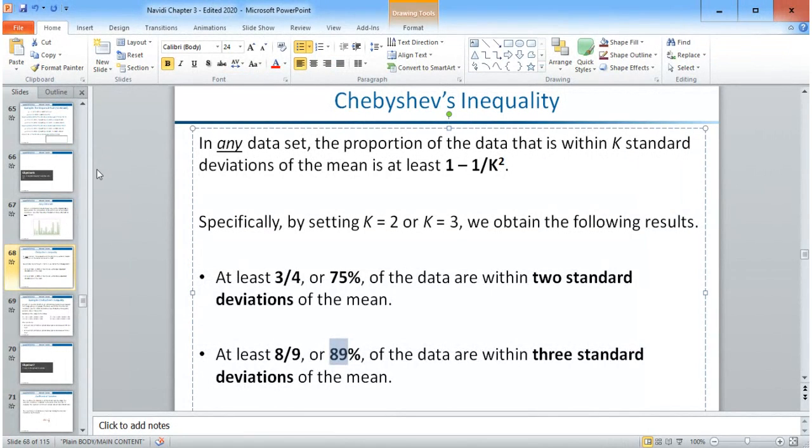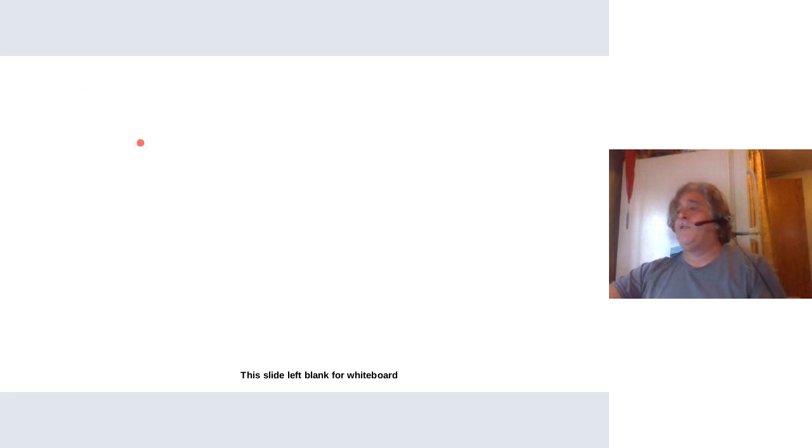What happens is when you square K and it's in the denominator, the only reason this would be important is if you want to do it for another type of standard deviation.